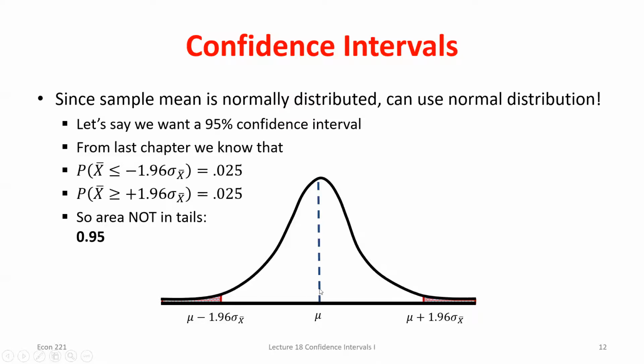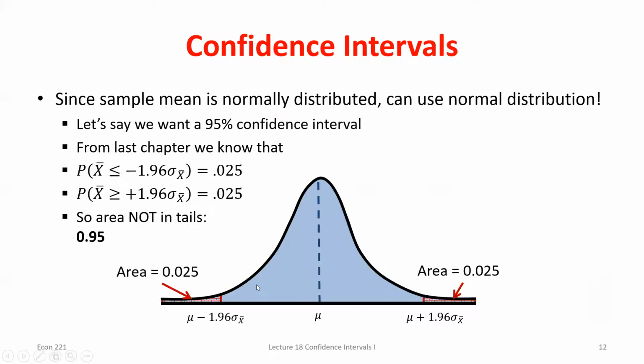Now, well, I'll take a step back. Let's say it this way. If I were to go the same number of standard deviations above and below the true population mean, I know that if I went 1.96 standard deviations above and below, the probability that if I were to take one sample, that sample mean is somewhere in between 1.96 standard deviations above and below the true population mean, that probability would be 0.95.